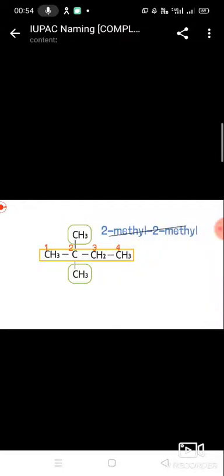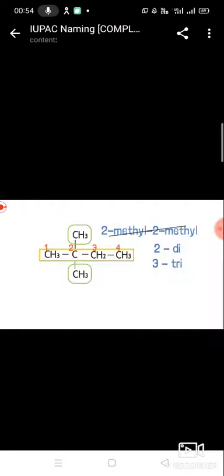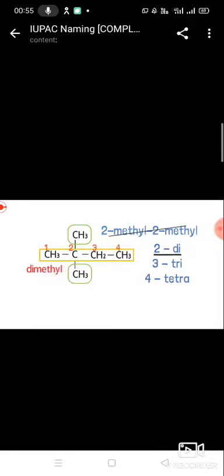Instead of that, 2, 2 dimethyl. And what is the straight line carbon? 4 carbon atoms are present. So what can you say? 2, 2 dimethyl butane. If 3 carbons are there, we say it is tri. If 4 carbon atoms are there, we say tetra.